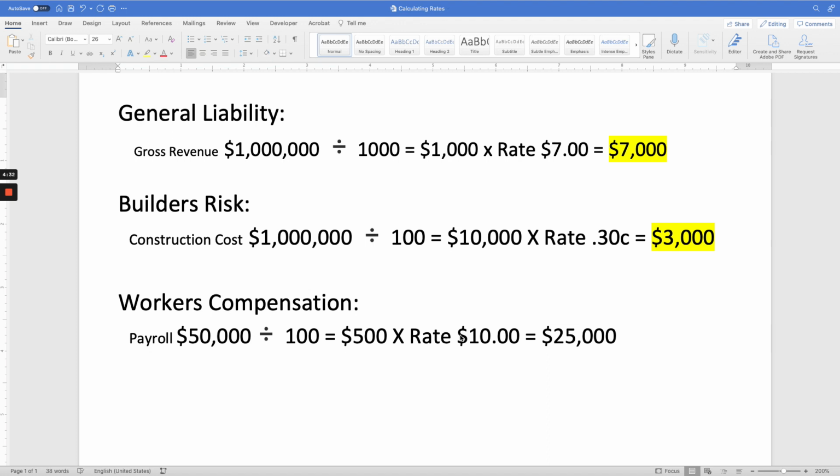But right here, for this example, we're going to go for a $10 rate. And so 500 times 10 is $5,000 instead of the $25,000 that we had. But you saw there that at $250,000 in payroll, your workers' comp is $25,000 approximately, at this rate.